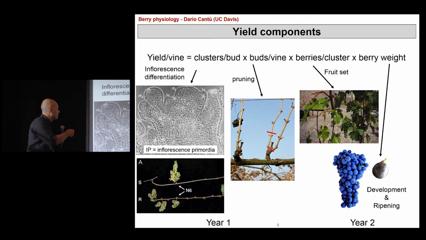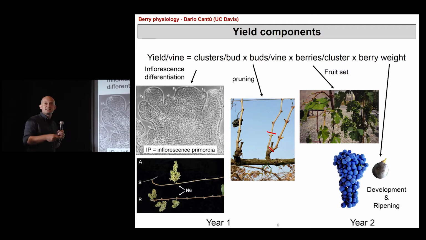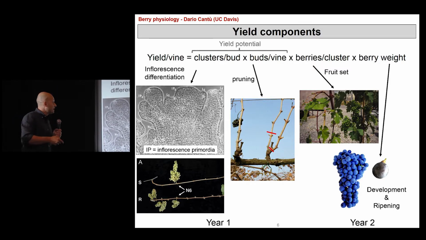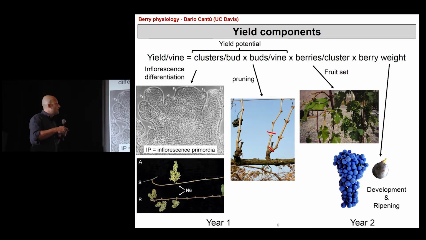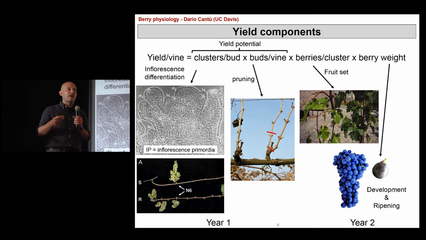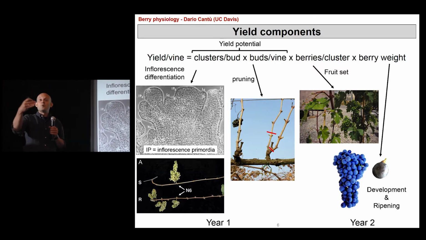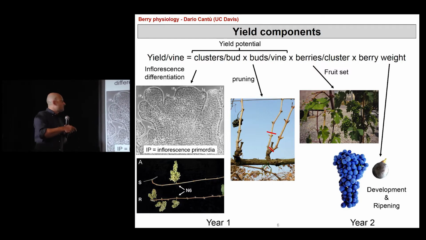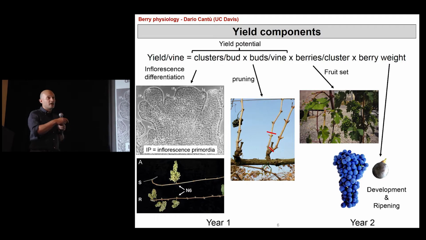So this is an equation that spans the 2 years of the reproductive cycle of a grapevine. And we're going to see that the yield potential is defined in year 1. So the number of inflorescences you differentiate define how much maximum we can achieve in year 2. There are a series of very important processes that happen in year 1 which will influence yield in year 2.